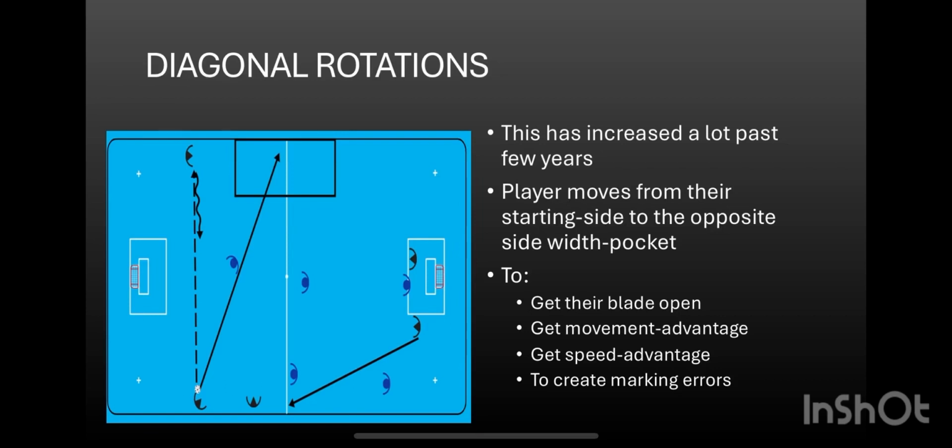The advantages of acting like this are getting into those open blade situations, getting the movement advantage over the defenders, getting a speed advantage against them, and then creating marking errors. And these diagonal rotations are a really simple and effective tool to get good game opening situations.